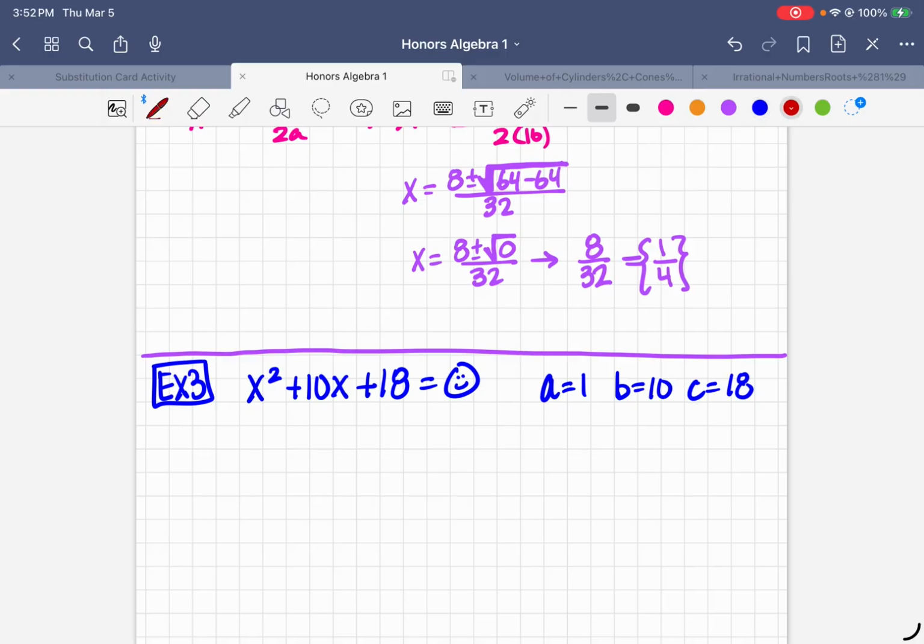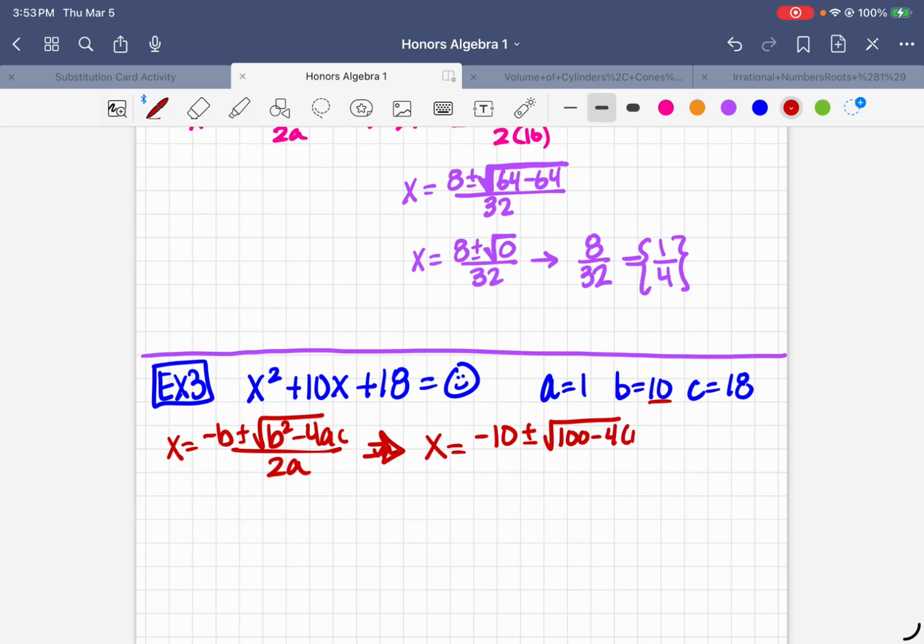x equals opposite b plus or minus the square root of b squared minus 4ac, all over 2a. Let's put in our numbers. x is the opposite of b, so it's going to be negative 10, plus or minus the square root of 10 squared, which is 100, minus 4 times a times c, all over 2 times 1.